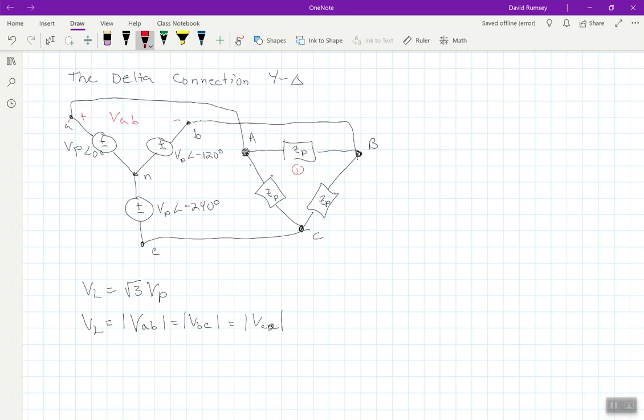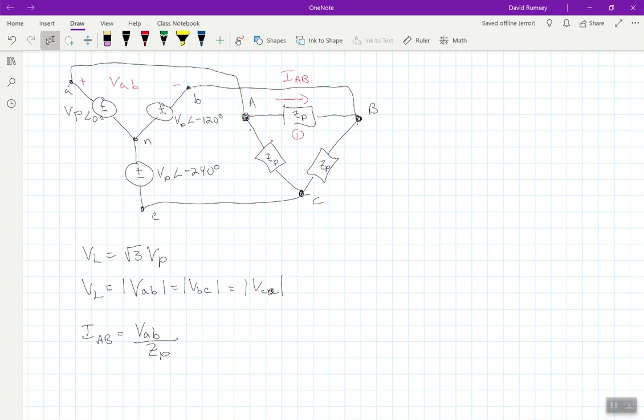And so if we want to talk about this current here, which we'll call capital IAB, because we're starting at A going to B, well, in this case, IAB is equal to little VAB over the impedance.